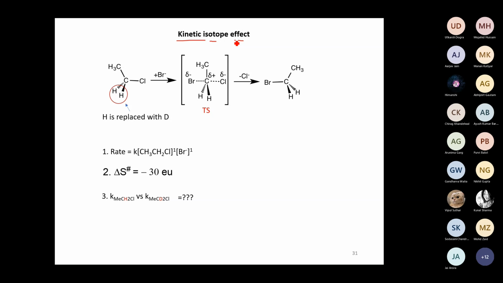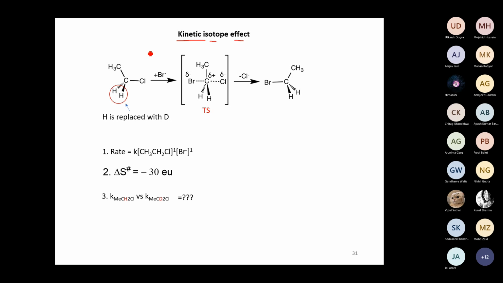The first experiment you have to do is the rate law, right? That is the kinetics. So we have the order as well as the rate constant. In activation parameters, how did you determine them? You determine the rate constant at different temperatures. So the kinetic isotope effect is also the same.